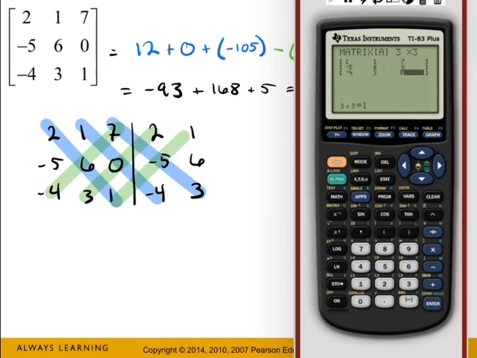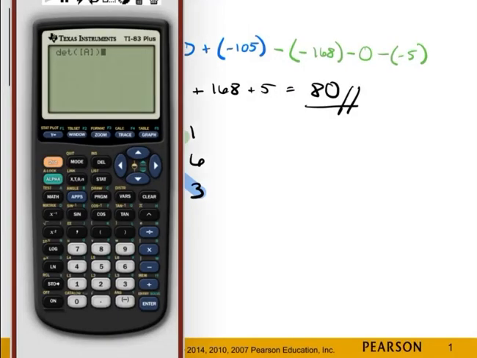I'm going to go back to the home screen, go back to matrix. I want to go math. I want to find the determinant of our matrix A. That determinant, we got 80. Let's cross our fingers. Woohoo!